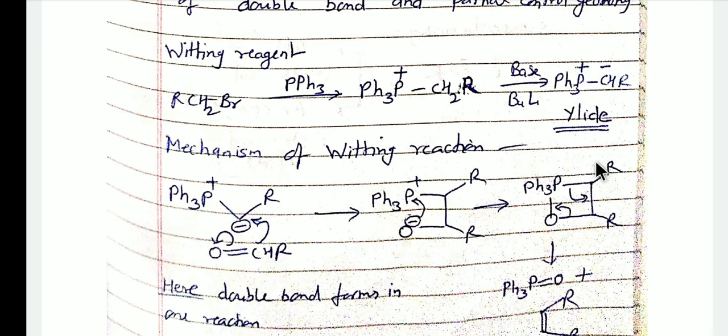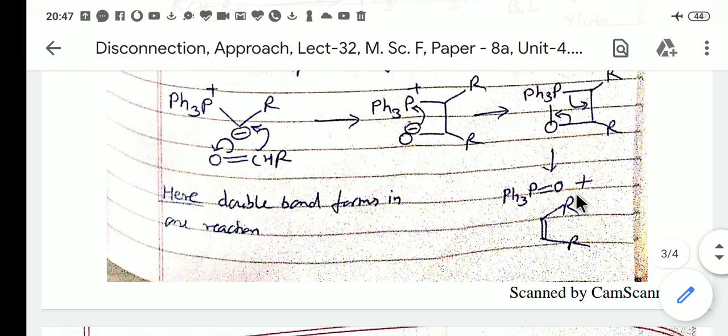So we get this type of molecule, and in this molecule the bond shifting takes place. The bond between R and O is shifted to P and O, so here Ph3P=O, and the bond between P and C is shifted to between C and C. So we get here the alkene RCH=CHR.